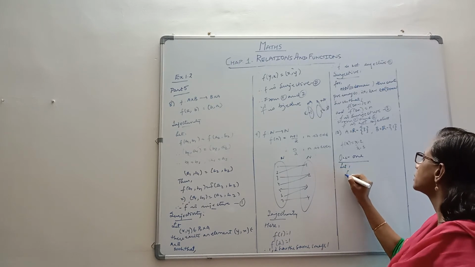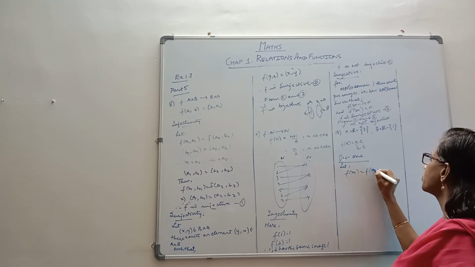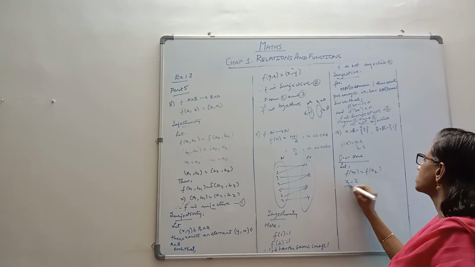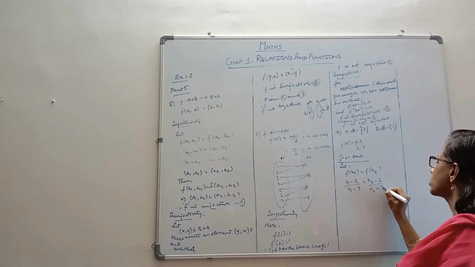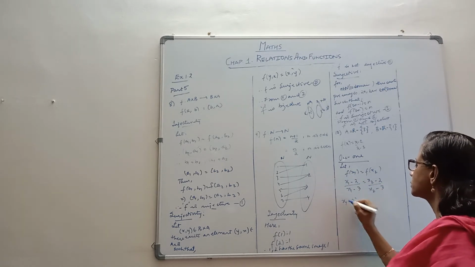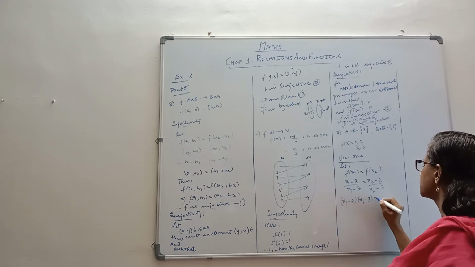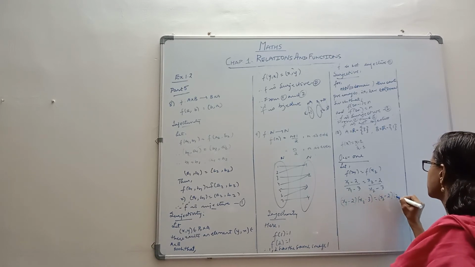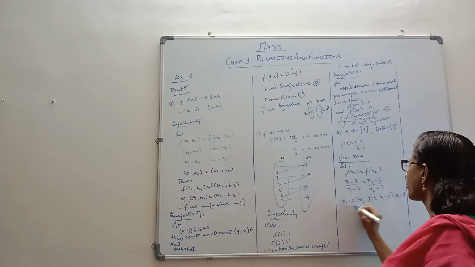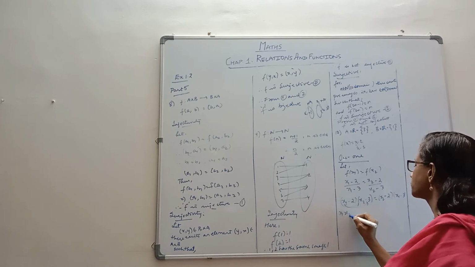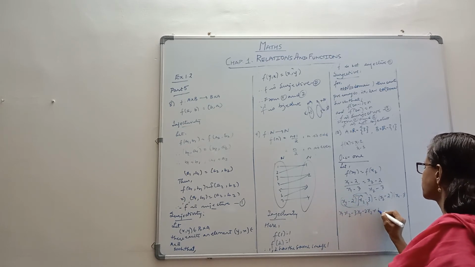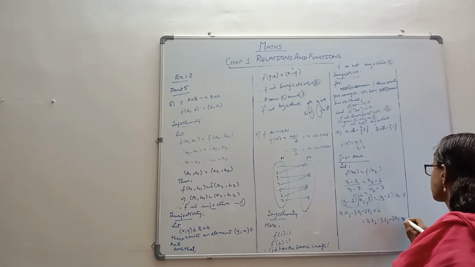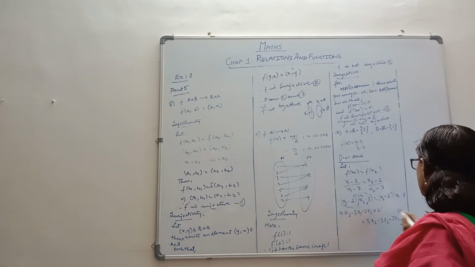Let f of x1 equal to f of x2. So (x1 minus 2)... Yeah. Now solving. Let's take it on the other side. Open up. Plus 6. x1 x2 can cancel, 6 can cancel.